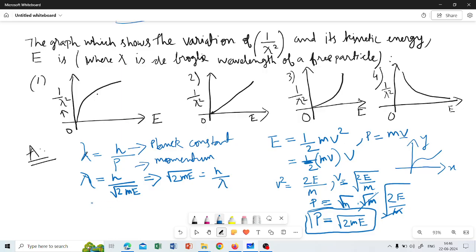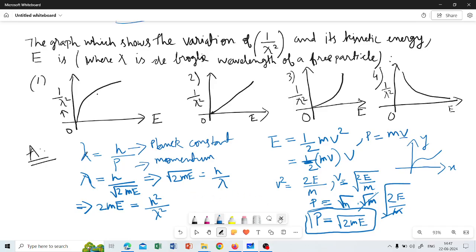Now if I square on both sides, I will get an expression as follows: 2mE is equal to h square by lambda square.